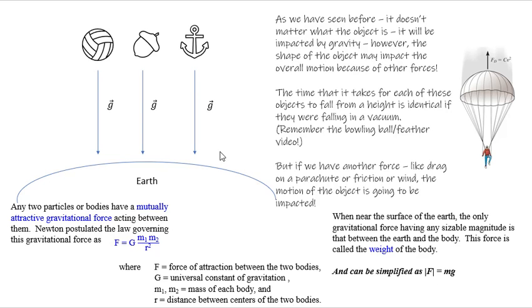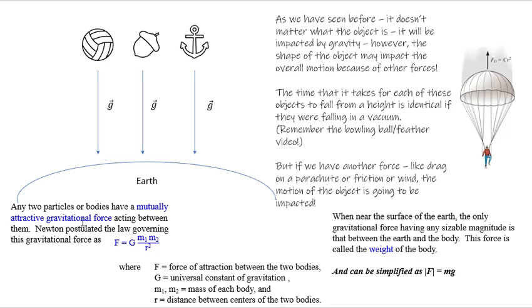So when we're dealing with this part, and the reason we bring that up is because remember that weight and mass are two different things. Weight is related to that action due to gravity. Mass is related back to inertia. So any two particles have a mutually attractive gravitational force. Remember Newton's law of universal gravitation.